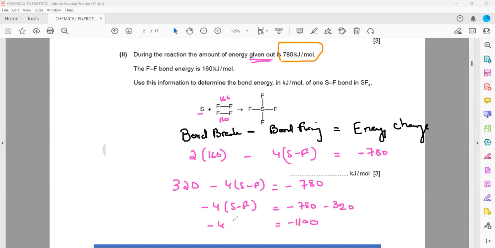So minus 4 SF is minus 1100, but we need it for 1. So minus 4 is multiplied on one side, and on the other side it will be divided. SF equals minus 1100 divided by minus 4, which equals 275. So 275 kilojoules per mole is the energy for SF bonds.